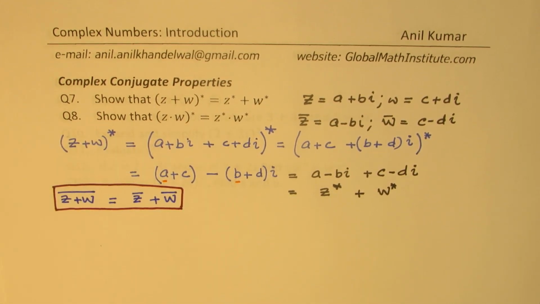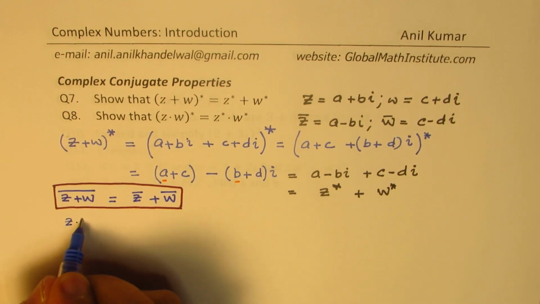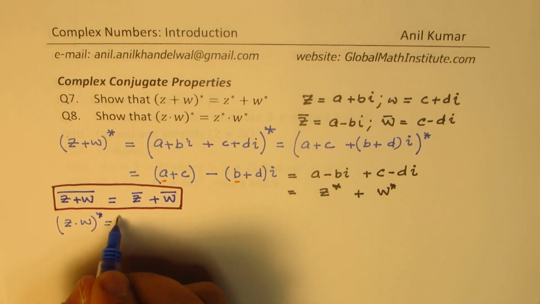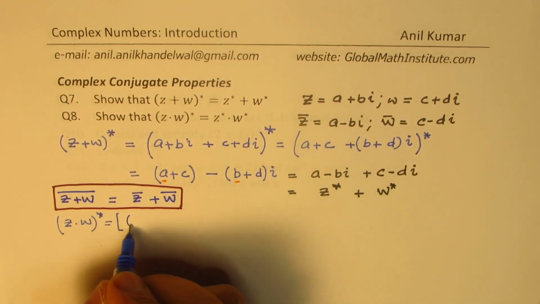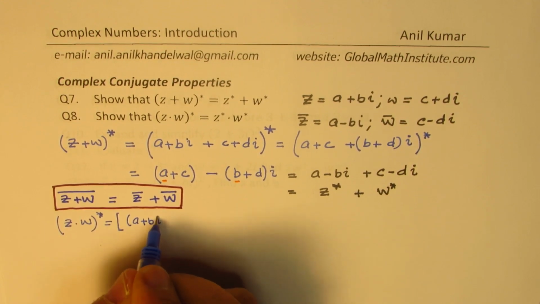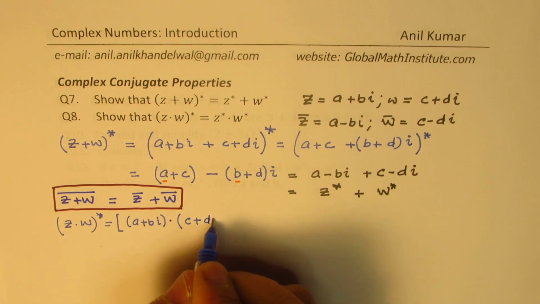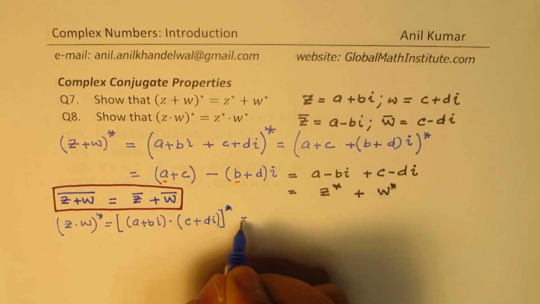Now let's take up the next part, where we'll see what happens when we multiply them. The conjugate of the product of two complex numbers, we can write like this: a plus bi with c plus di, and then we'll take their conjugate, right?